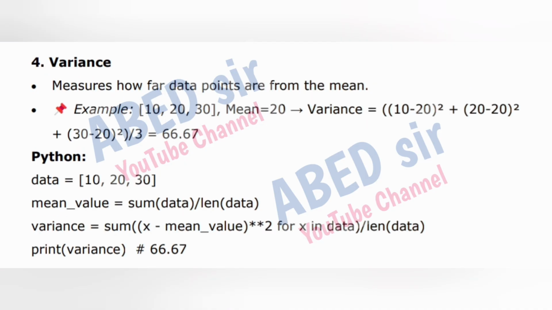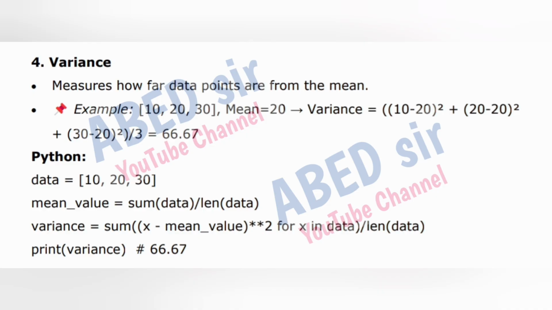4. Variance. Measures how far data points are from the mean. Example, 10, 20, 30, mean = 20, variance = ((10-20)² + (20-20)² + (30-20)²) / 3 = 66.67.